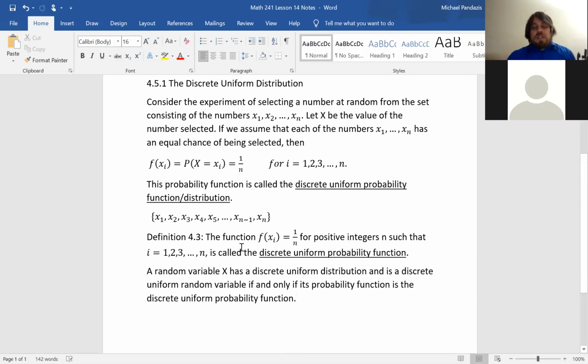And so if you're in an experiment where the probability function is a discrete uniform probability function, that will tell you that your variable is a discrete uniform random variable, and that you have a discrete uniform distribution for that random variable.